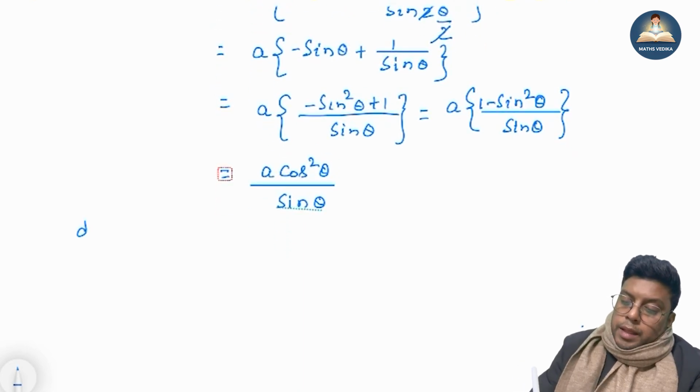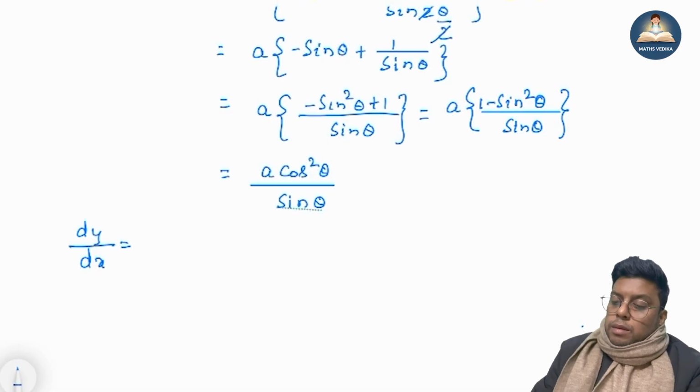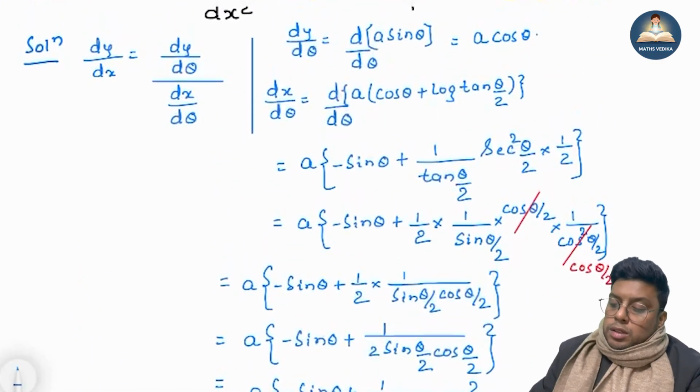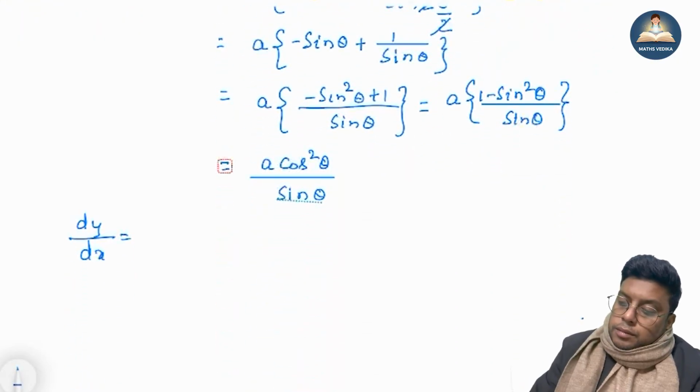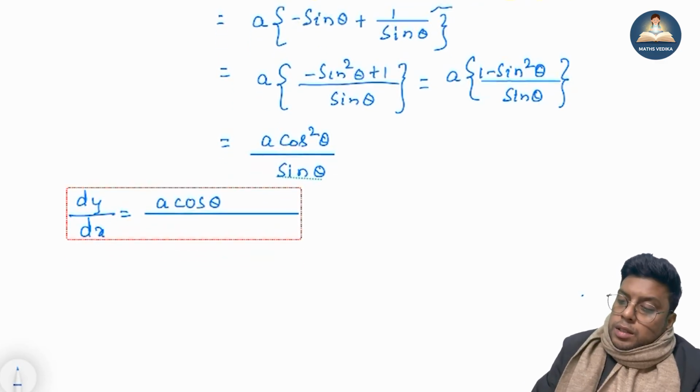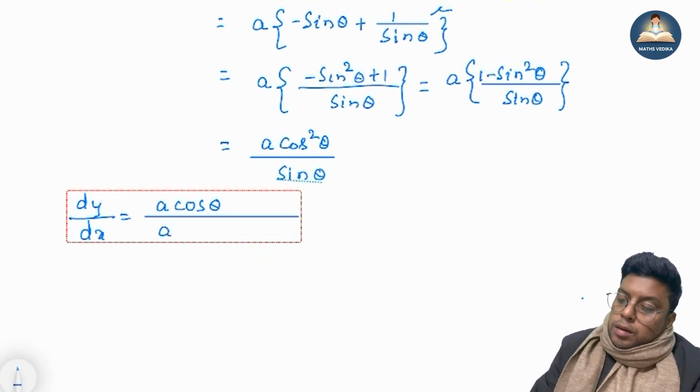So dy by dx is equal to dy by d theta, which is a cos theta, divided by dx by d theta, which is a cos square theta by sin theta.